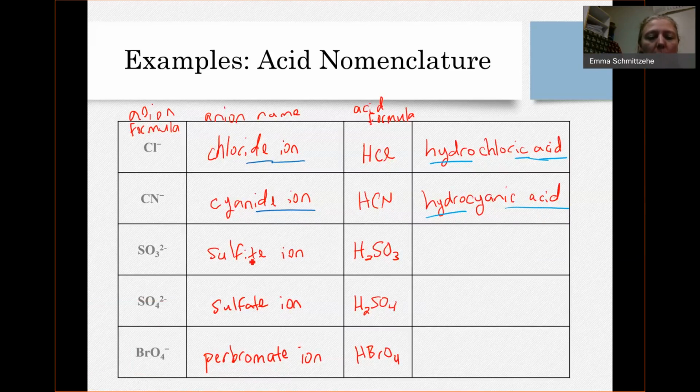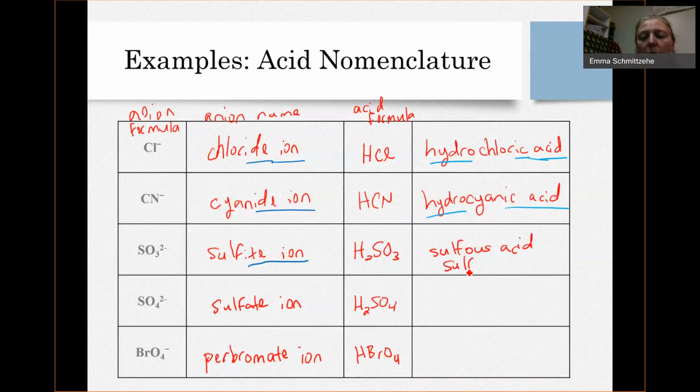The next one involves if you have an "-ite" ion ending. If I have "-ite" ion, that changes to "-ous." Okay, so I would have sulfurous acid. Now this one, if you directly convert it, you'll get sulfous acid. Usually people wouldn't call it sulfous acid, that just sounds weird.